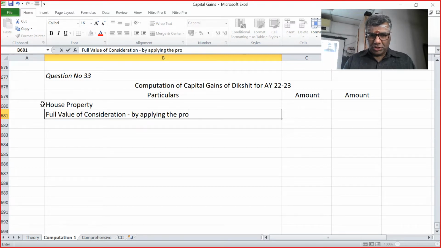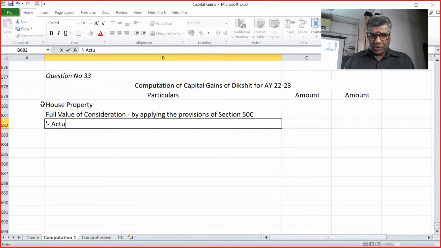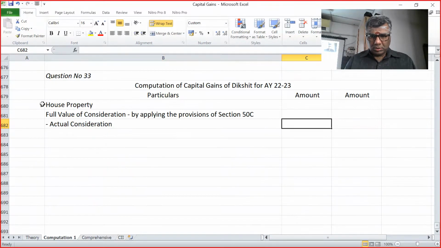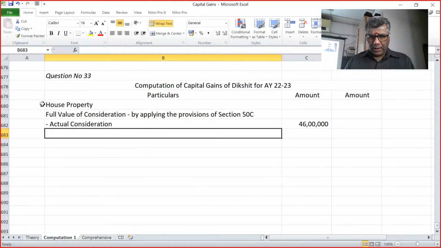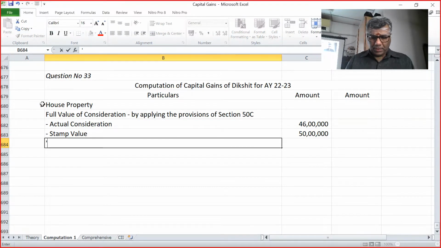By applying the provisions of section 50C: actual consideration 46 lakhs, stamp value 50 lakhs. 110% of actual consideration.